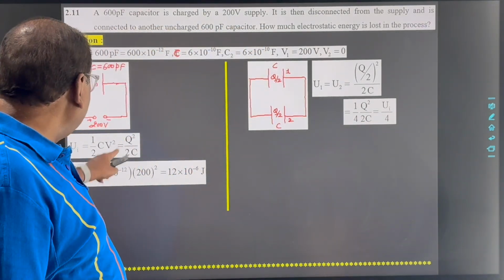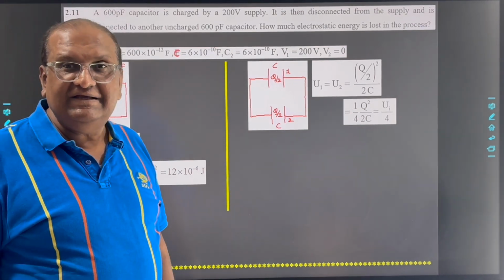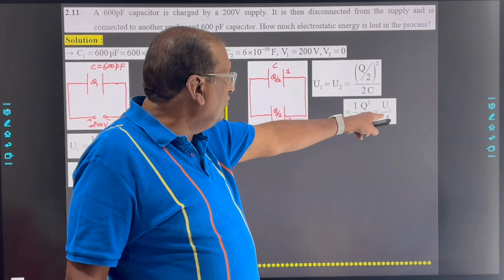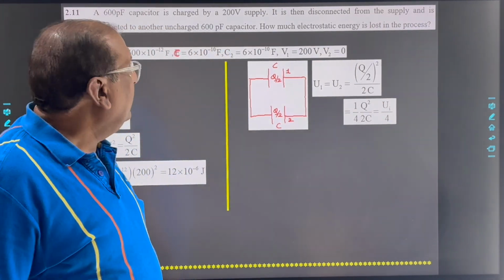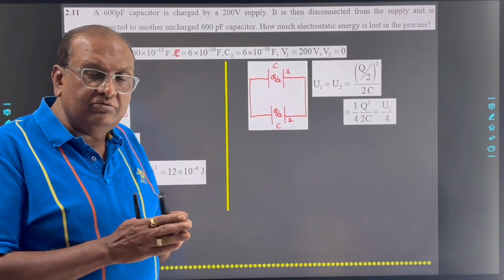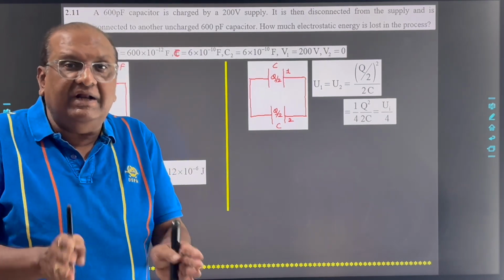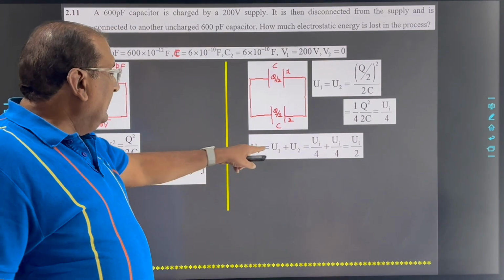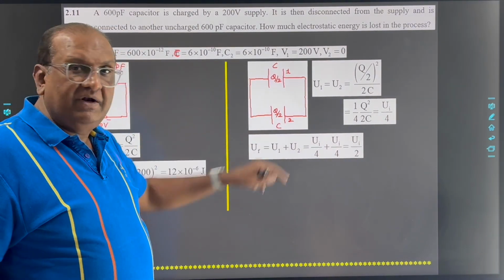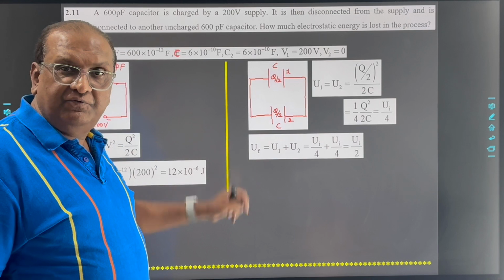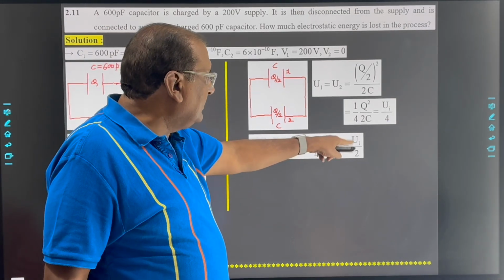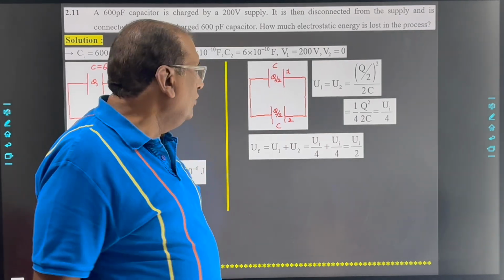But Q square upon 2C is the initial energy Ui, which we calculated. Substitute it here, Ui upon 4. Now we have to calculate the total energy of the system. So total energy of the system is U1 plus U2, that is U final, that is Ui by 4 plus Ui by 4, that is Ui by 2.